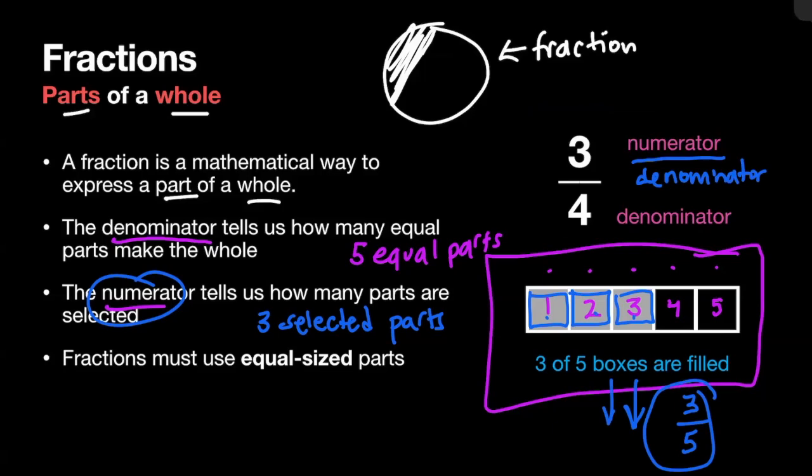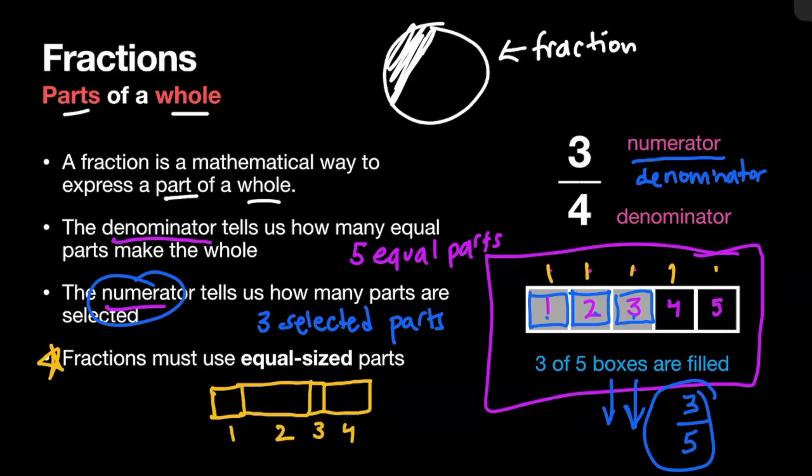And one thing to note is that fractions always have to use equal size parts. So this is a good example because we have five equal parts, but we cannot have, for example, a shape like this. See, all these different parts are different sized. So we cannot use this to represent a fraction.